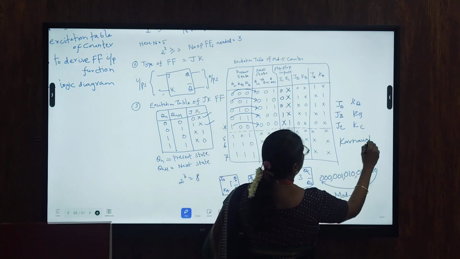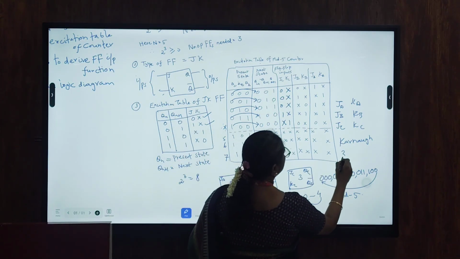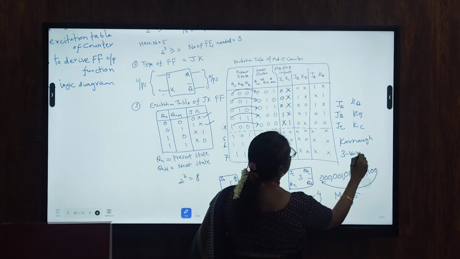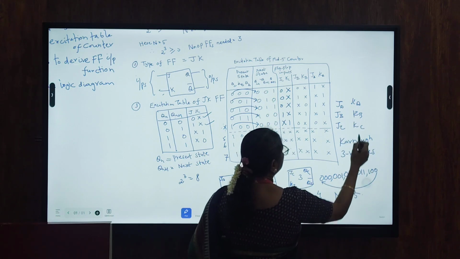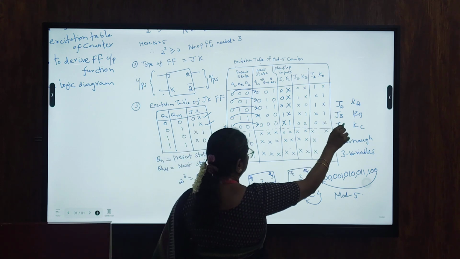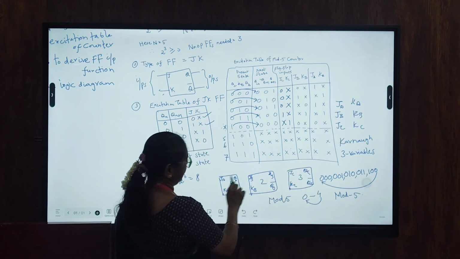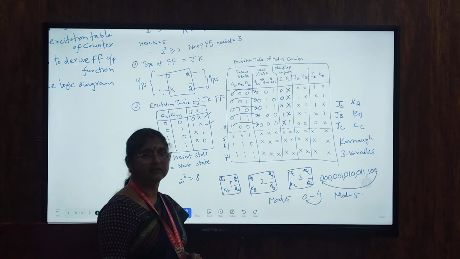Here we have 8 possible states, so I require a 3-variable Karnaugh map to get the values of JA, KA, JB, KB, JC, KC. After getting the values of these flip-flop inputs, I have to connect them in this counter to get the desired output.